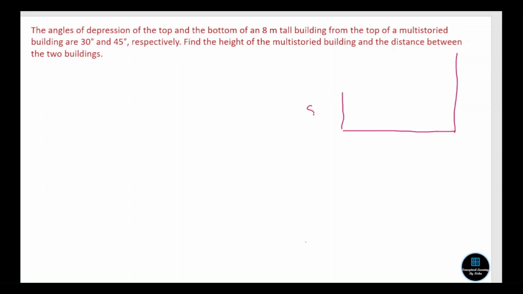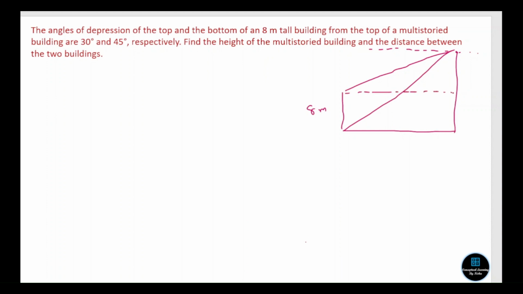This building is 8-meter tall and from the top of this building you are observing the top of this building and the bottom of this building, and the angle of depression. So whenever they ask for the angle of depression, make the horizontal line over here and then the line of sight, make the angles.